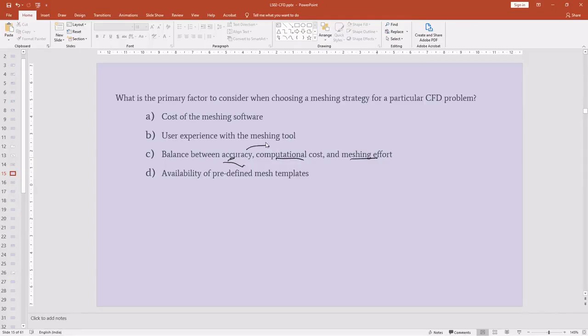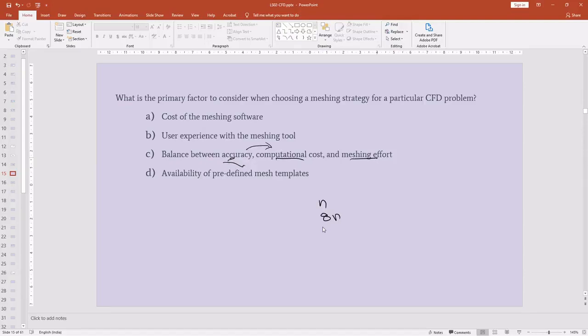computational cost. These two we will be optimizing with something called mesh sensitivity studies or grid independence studies. Suppose we are taking a mesh with n elements, then the next step will be 8n.